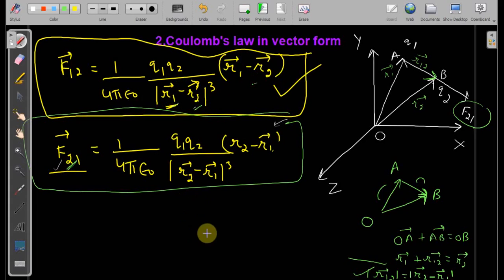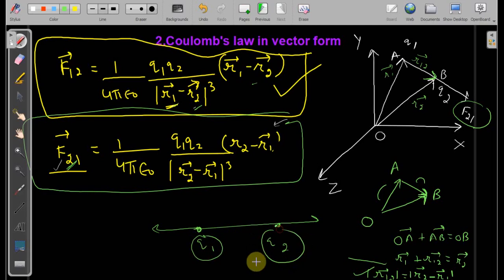Now as you know, two charges are applying force on each other, Q1 and Q2 are applying force on each other. So according to Newton's third law, both are equal in magnitude, so the force acting on the first particle is equal to the force acting on the second particle, but both are in the opposite direction. So it follows Coulomb's law, and it is in the opposite direction.